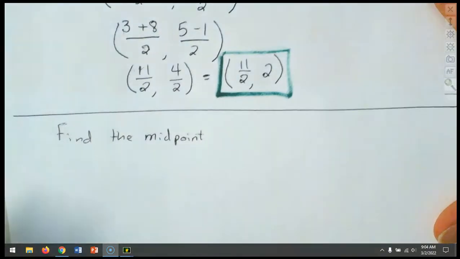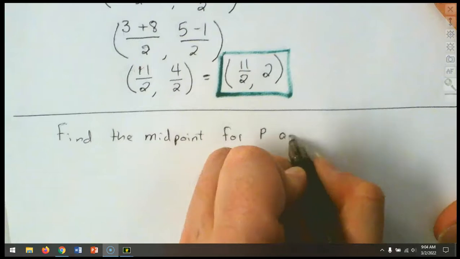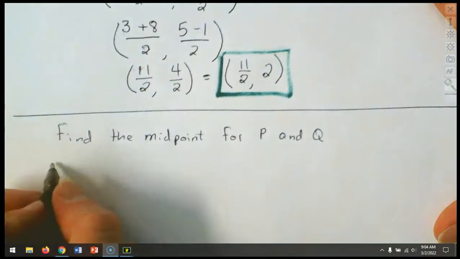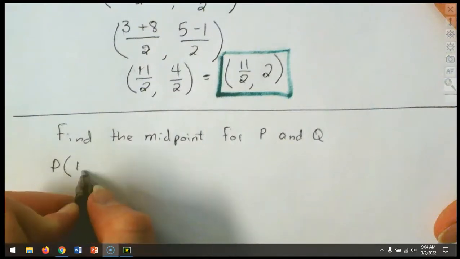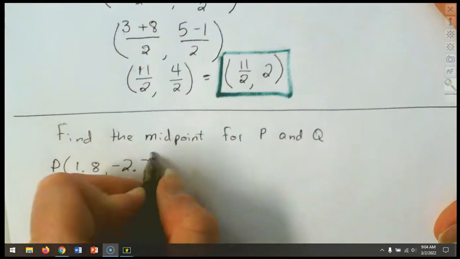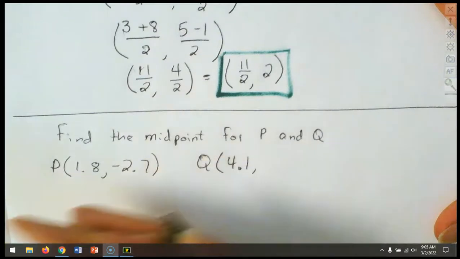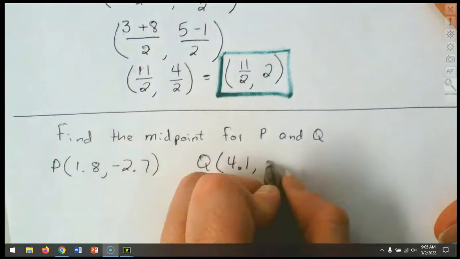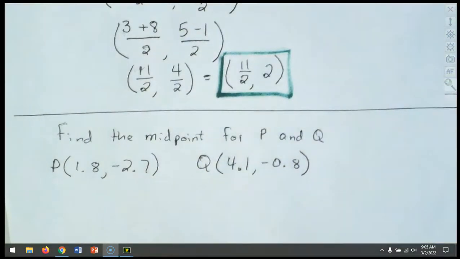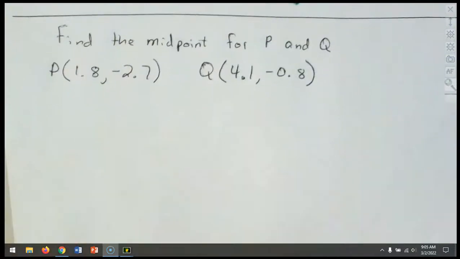So we're going to find the midpoint for P and Q. Let's say we have P is 1.8, comma minus 2.7, and Q will be 4.1, comma minus 0.8. So if it's got decimals, we just use the decimals.